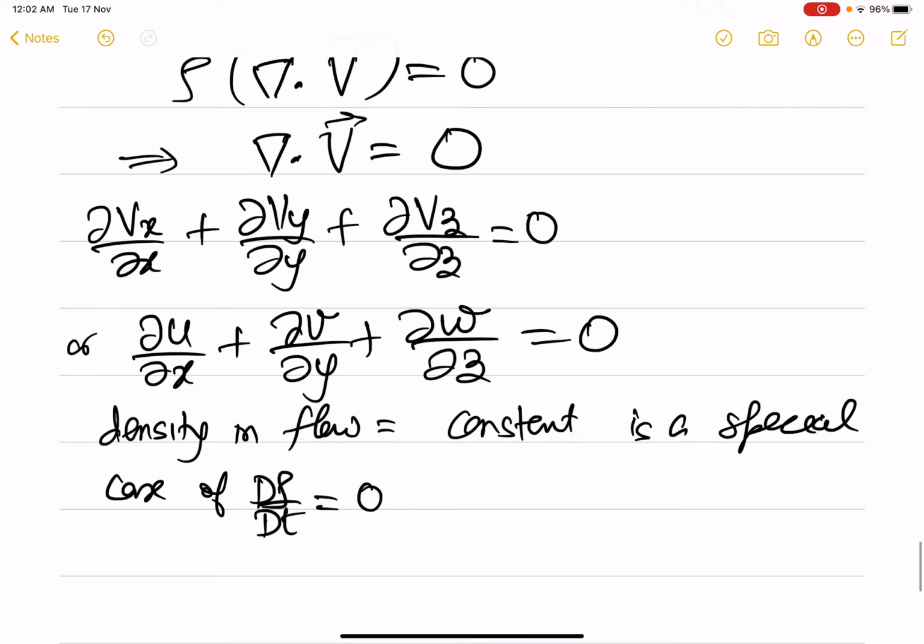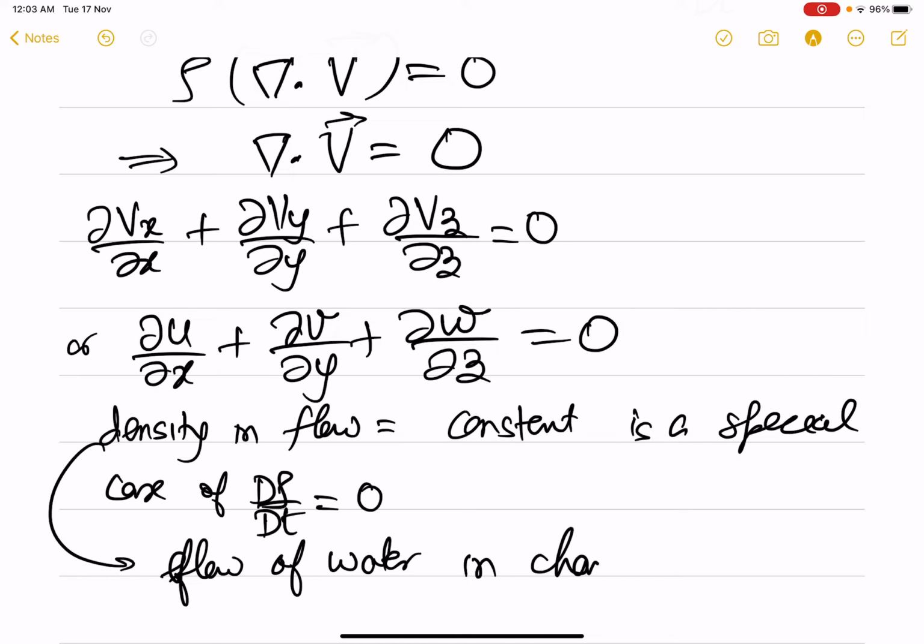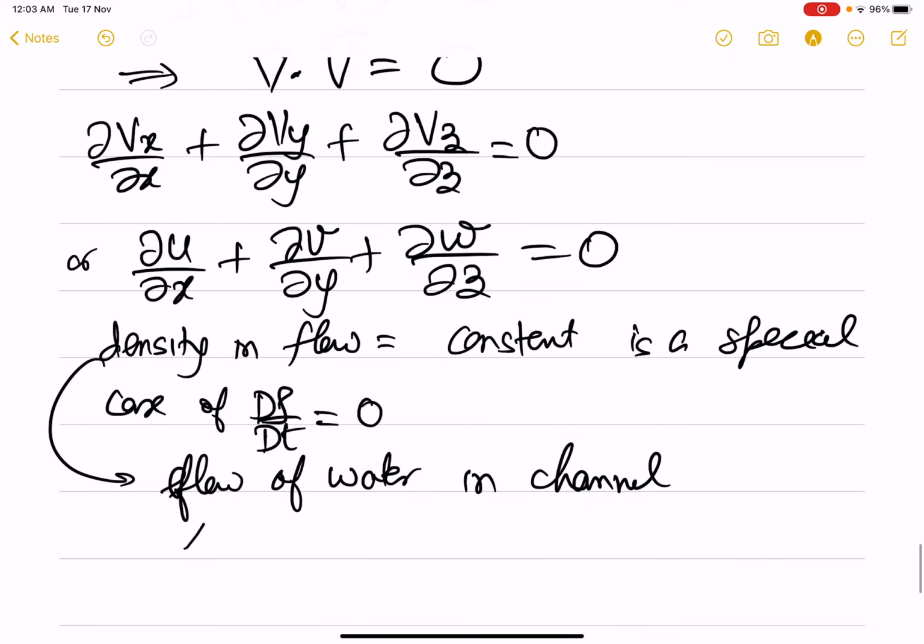If density everywhere is constant, this will happen if we have, let's say, flow of water in a channel or flow of air in a tube where air is under normal conditions.